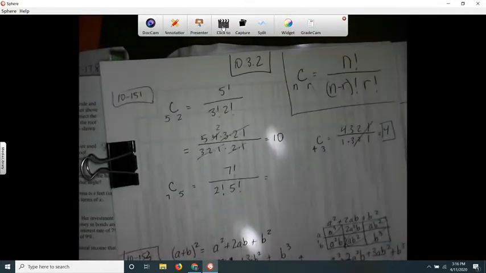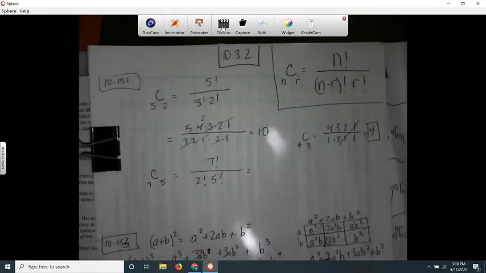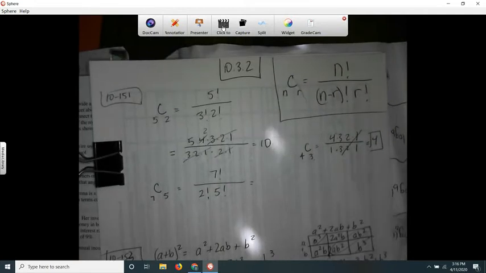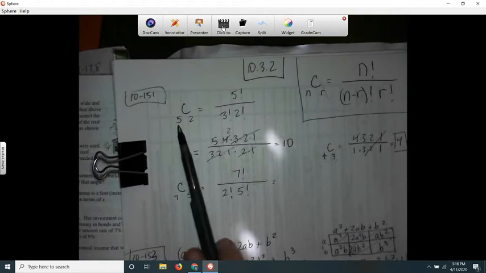Basically, if I want to find 5 things taken 2 at a time, I know I should get a 10 from that. Let's see if I do.